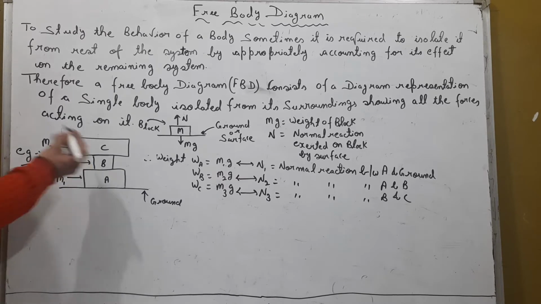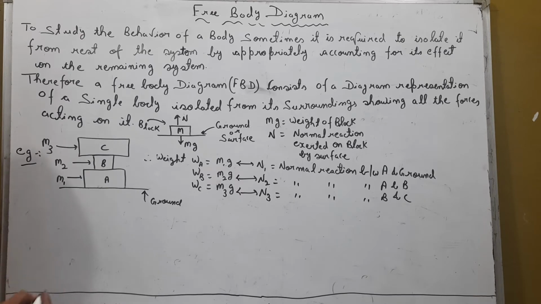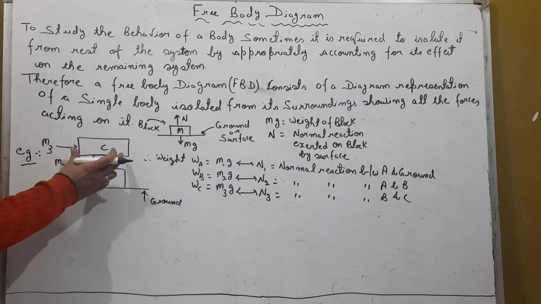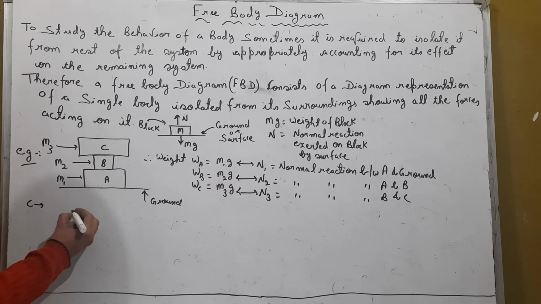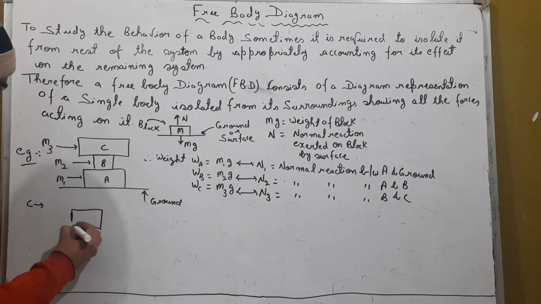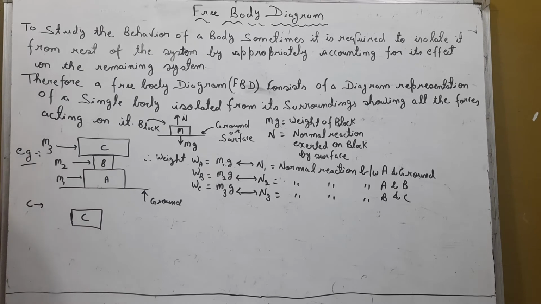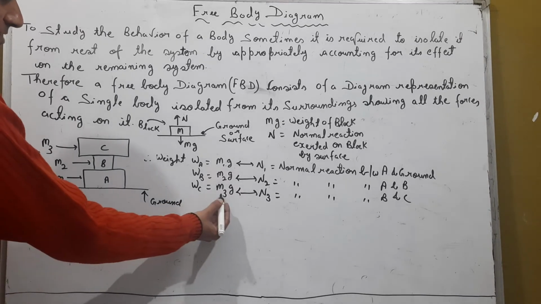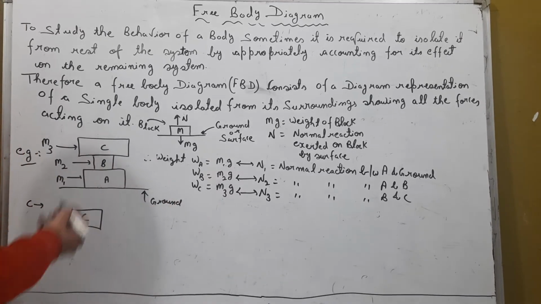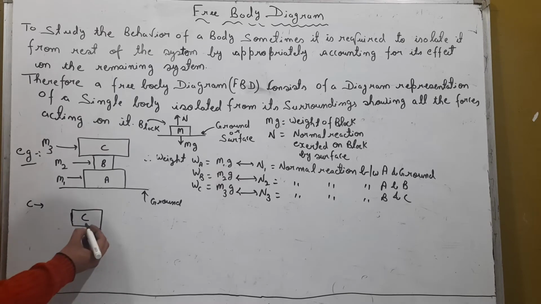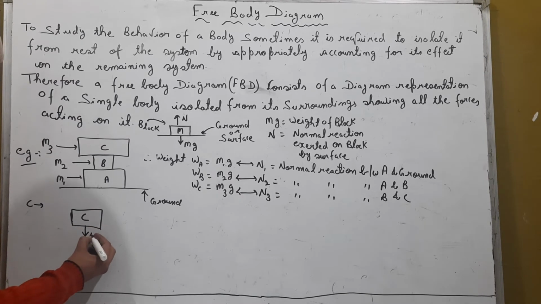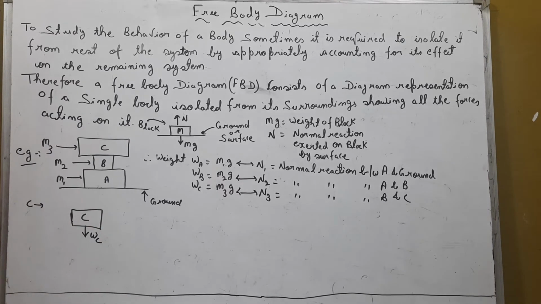So let us start from block C. If I separate this particular block from the system, this is the block C over here. What are the forces working on this block C? This is WC, the weight of this block C. It is working downwards over here.